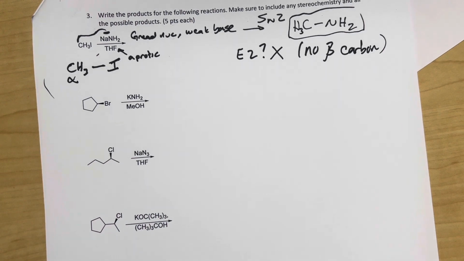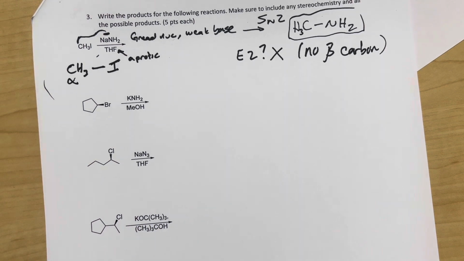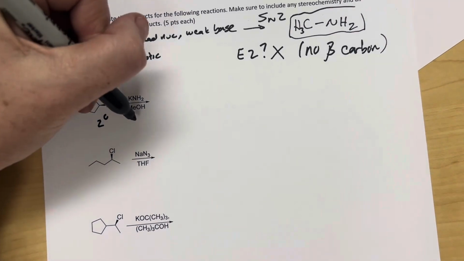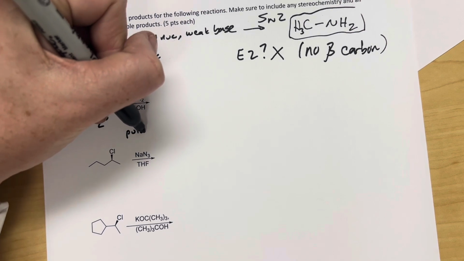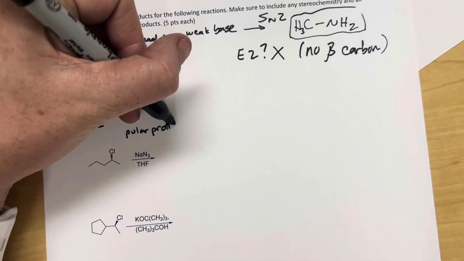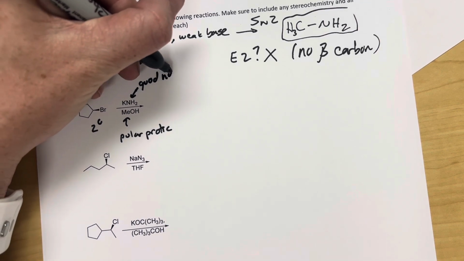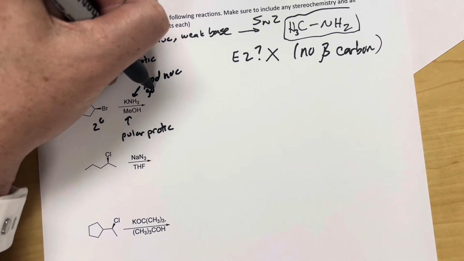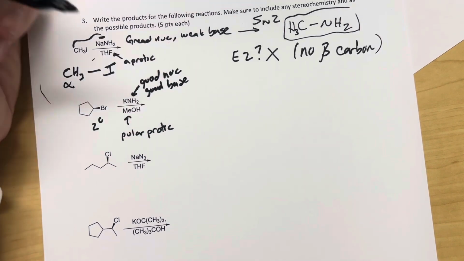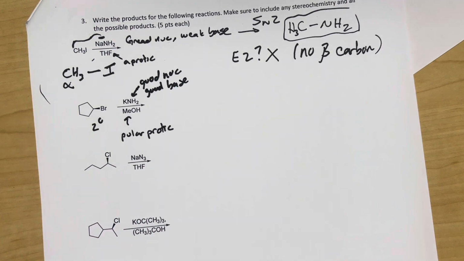All right, let's see. Then we have this one. So here we have a secondary. We have a polar protic solvent with a good nuke, and also a good base. Okay, and we kind of have to look at this in one very particular way.